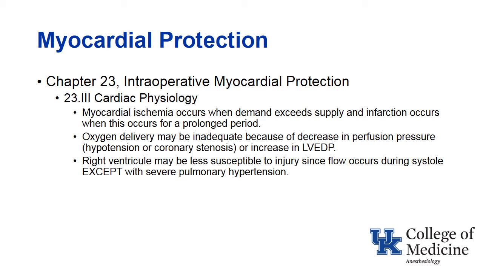It is said that the right ventricle may be less susceptible to injury since flow to its cells occurs during systole, but this is not true in patients who have severe pulmonary hypertension.